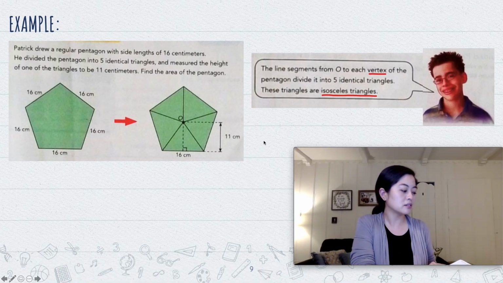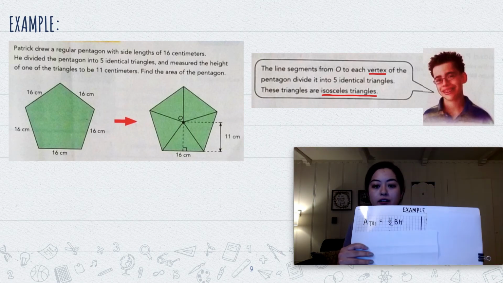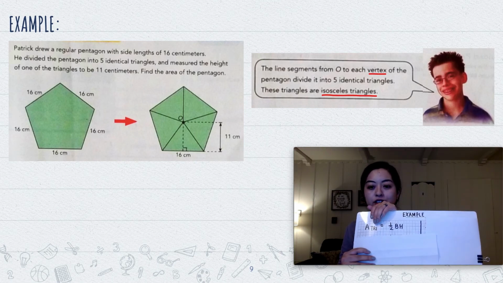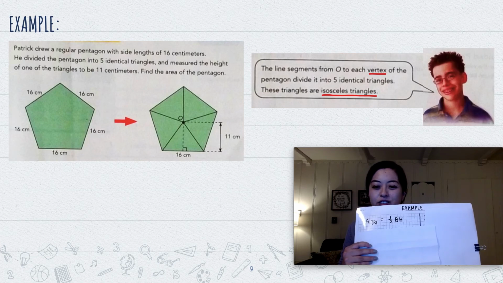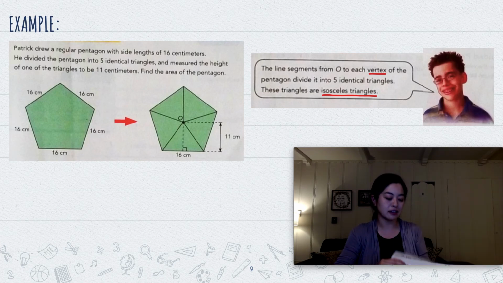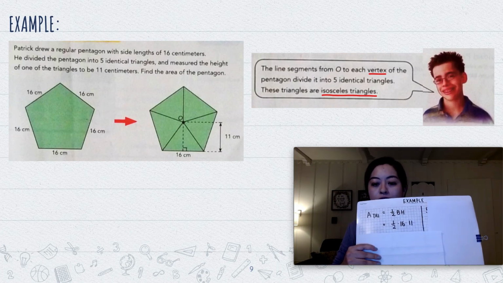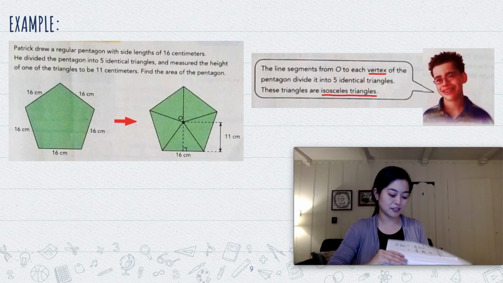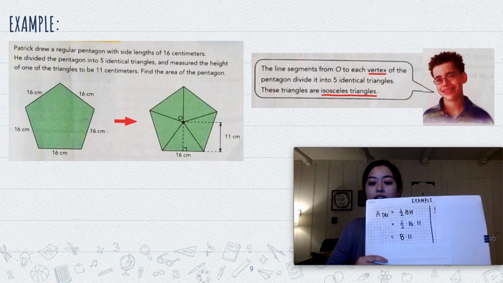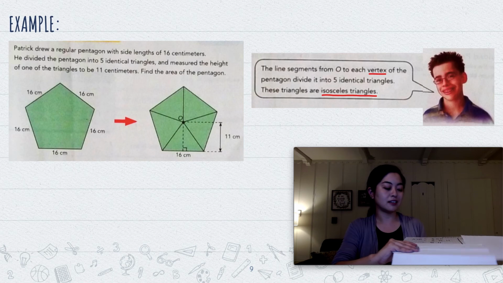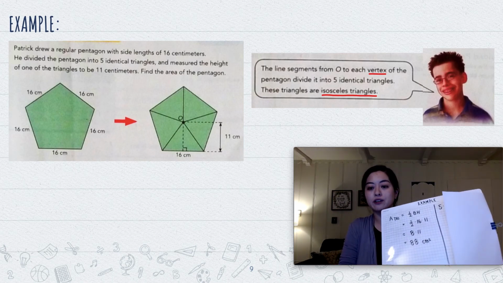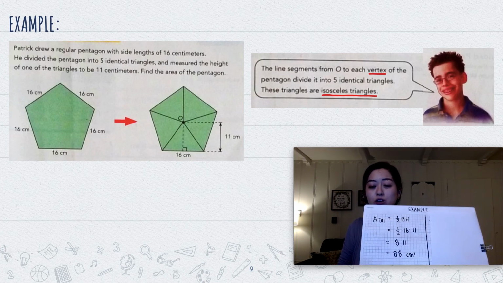Okay, so remember that the area of a triangle, and I abbreviated triangle with TRI, is 1/2 base times height, and in this case, the base is 16 and the height is 11. Half of 16 is 8. So then we get 8 times 11, and that's 88 square centimeters. That's the area of one triangle.